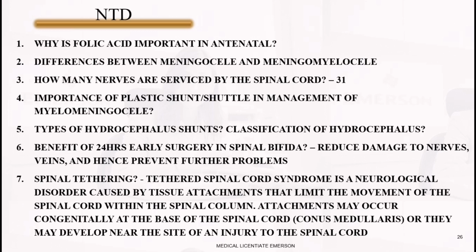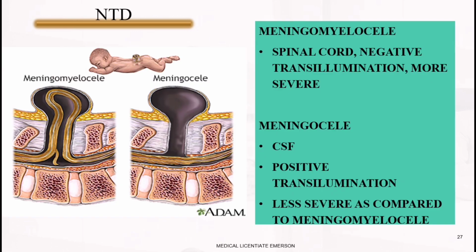A tethered spinal cord syndrome is a neurological disorder caused by tissue attachments that limit the movement of the spinal cord within the spinal column. Attachments may occur congenitally at the base of the spinal cord or the conus medullaris, or they may develop near the site of an injury to the spine. That's spinal tethering or tethered spinal cord syndrome.